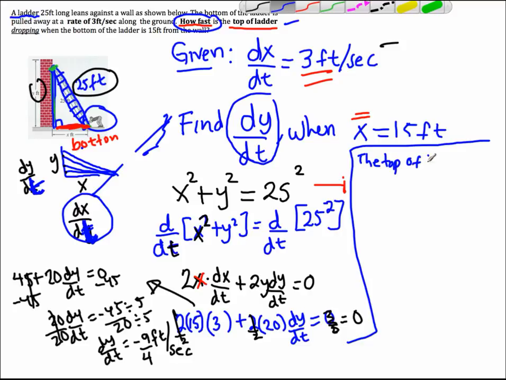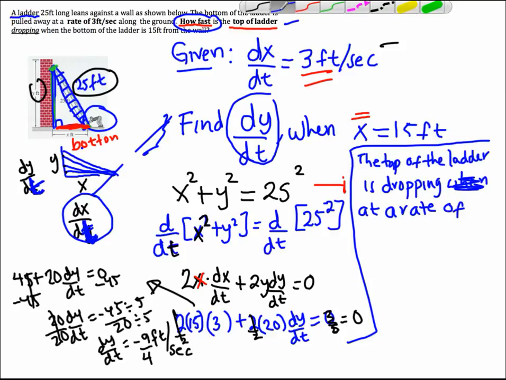The top of the ladder is dropping, sliding down. The top of the ladder is dropping at a rate of, what's the rate that we found?